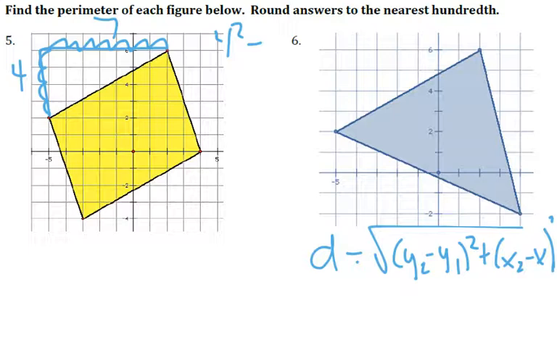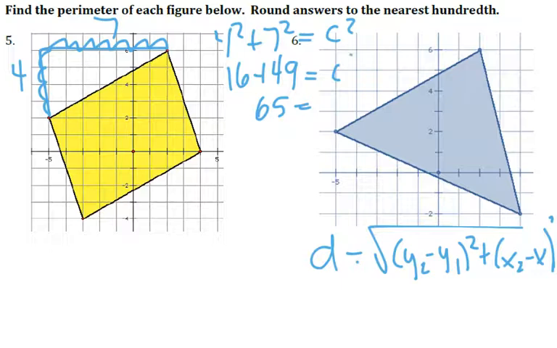So 4 squared plus 7 squared would give me 16 plus 49, which is 65, equals c squared. Take the square root of 65. That's about 8.1. So this side would be 8.1.